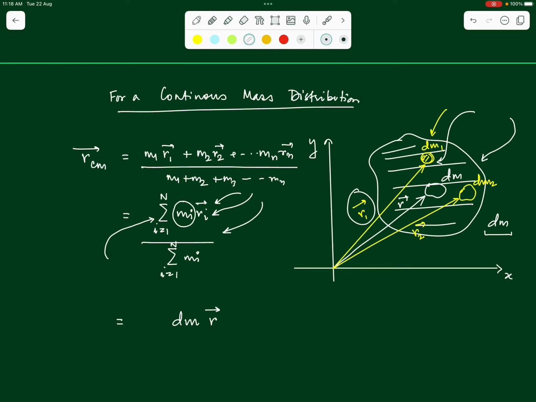So can we say we'll get infinite such mass systems? Ideally, when we divide this body into extremely small masses, we'll have to add infinite such masses, right, to get the center of mass.